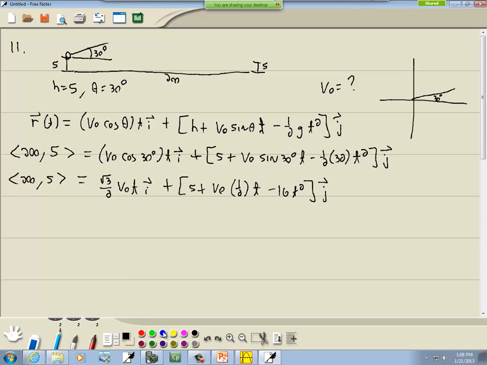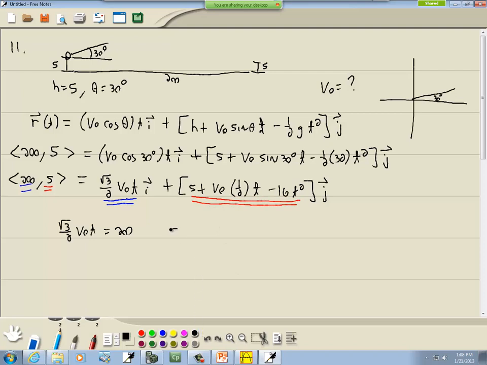So I'm going to equate these. I'm going to set this one right here equal to this. So I got square root of 3 over 2 v naught t is equal to 200. And then I'm going to equate the y portion. So I'll equate the 5 with this right here.